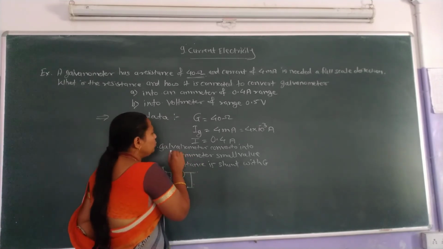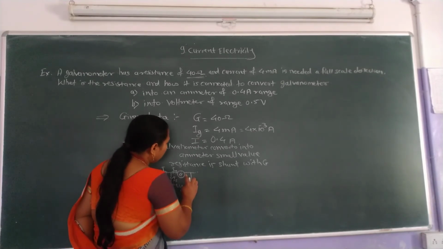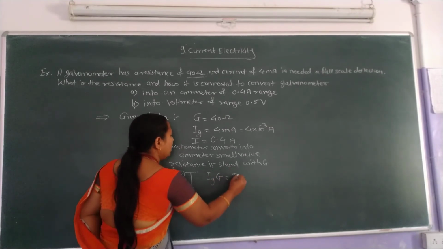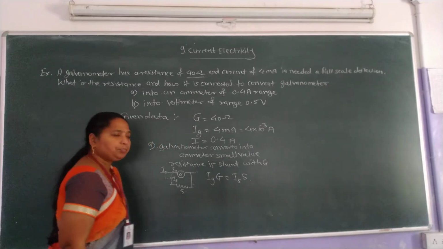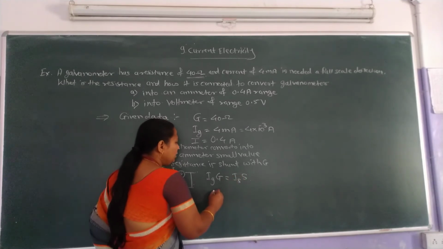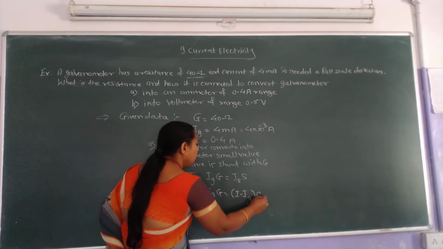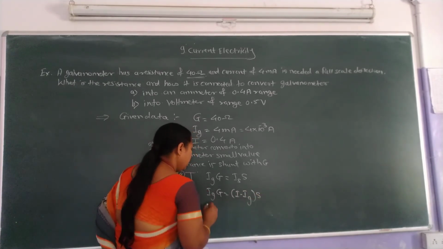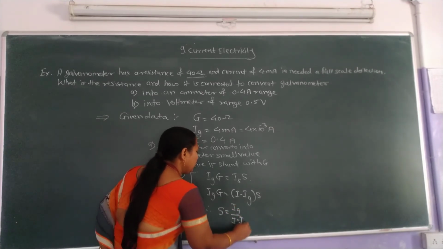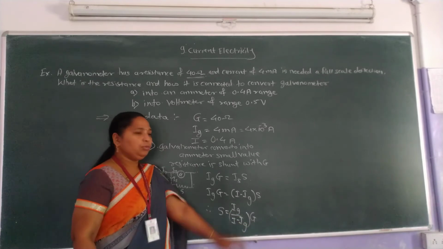Therefore, the potential drop across each component is the same, which means Ig into G is equal to Is into S. But Is is I minus Ig, so Ig into G is equal to I minus Ig into S. Therefore, the shunt resistance S is equal to Ig upon I minus Ig, into G.